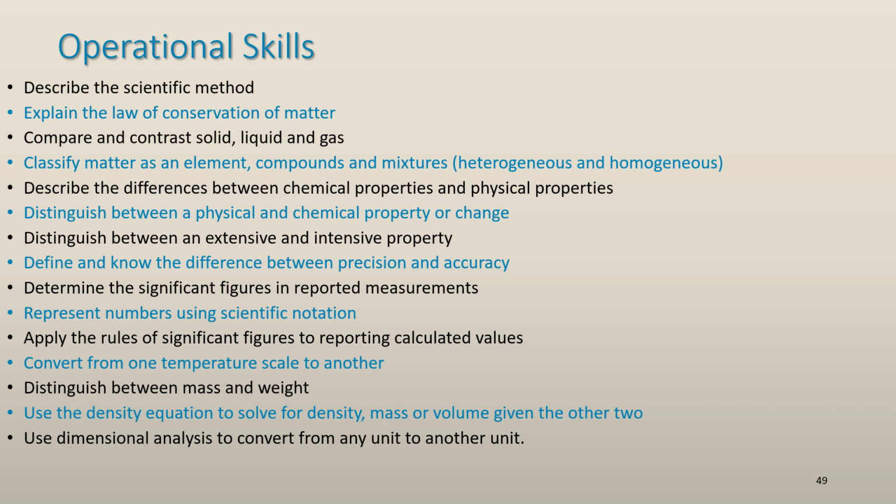Be able to convert temperature from one scale to another, and distinguish between mass and weight. We did that earlier. Use the density equation to solve for density, mass, or volume if you're given the other two, and then be able to use dimensional analysis to convert from one unit to another. That's the end of chapter 1.